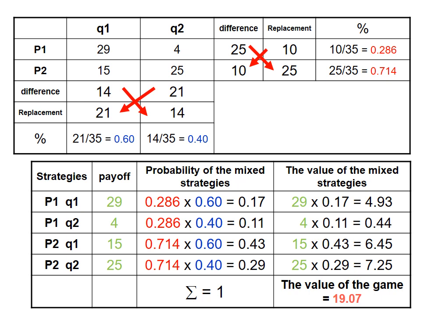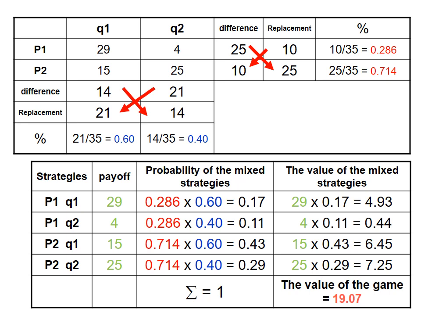For mixed strategy B2 Q1, the payoff 15 times the probability of them, 0.43, will equal 6.45.